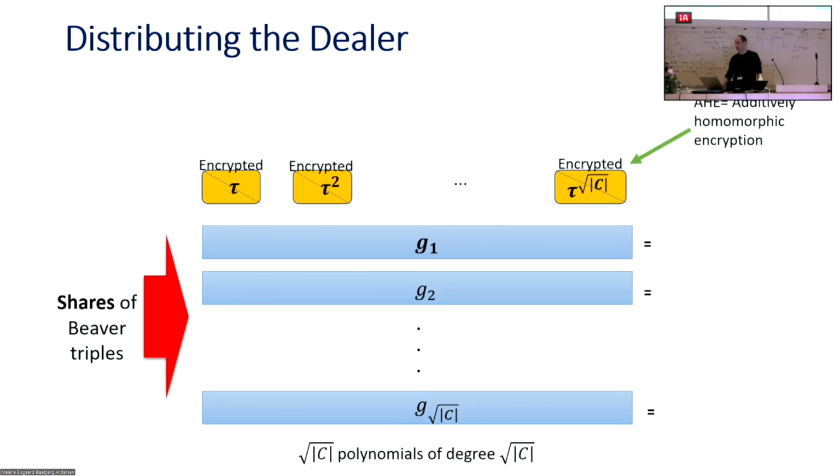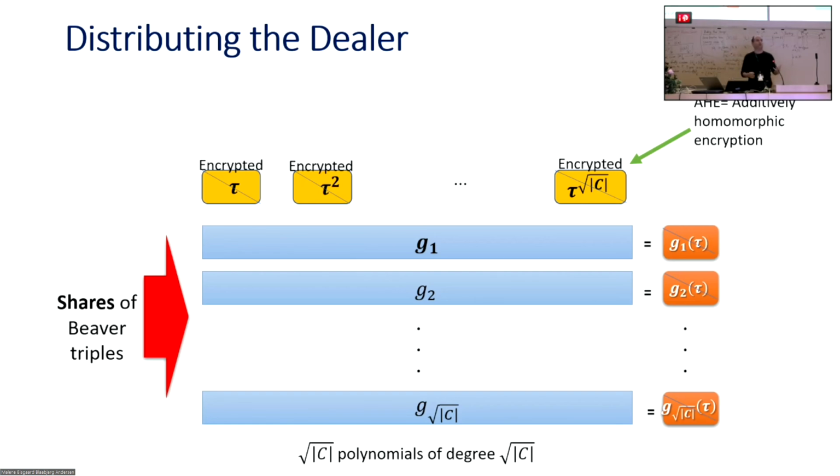If we use an additively homomorphic encryption for these values, each party can take his shares of the Beaver triples, define the polynomials over his shares, and then use the homomorphic property of the encryption scheme to evaluate them locally and obtain an encryption of each share of the evaluation of each polynomial. And then the parties can simply exchange their ciphertexts and perform secure decryption.